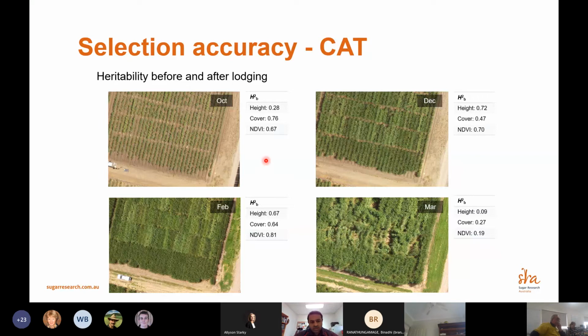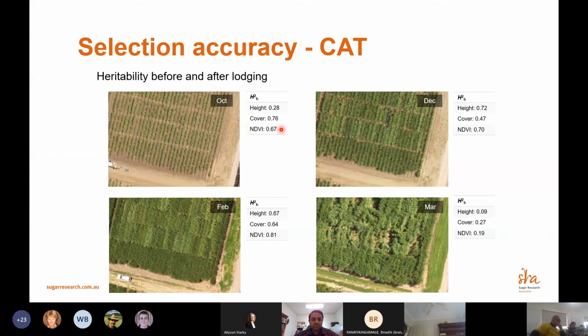Now, another issue is lodging, which is not prevalent in all the regions, but is quite predominant in Bergen. Here we are looking at a part of the CAT trial, a CAT block, and how it progresses from October through to March, focusing on NDVI and its heritability. Heritability is the proportion of variation which is due to genetic effects.